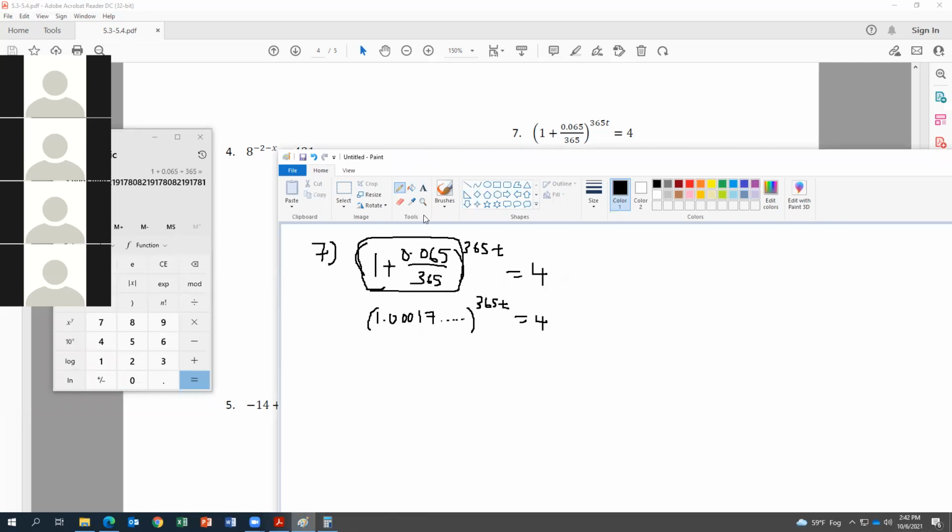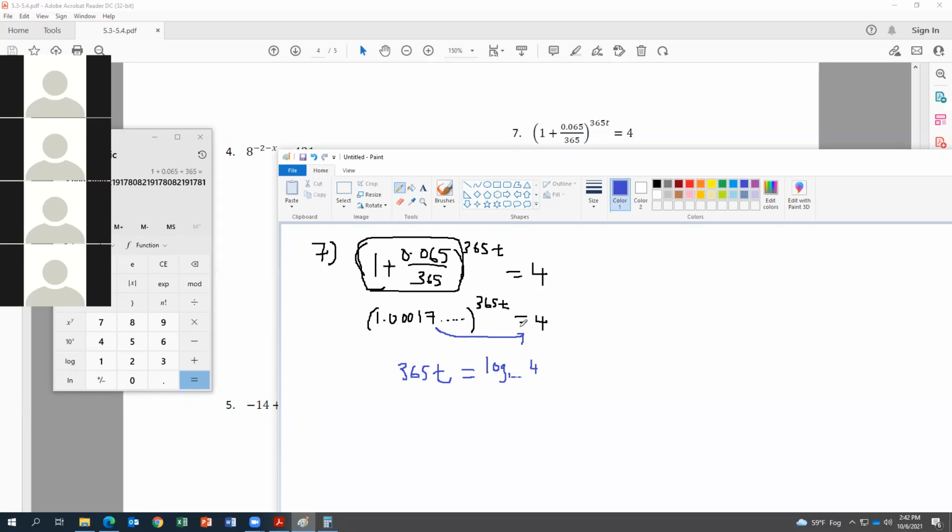So can someone tell me what we can do here once you figure out this? You move this down towards here. So you got 365t is equal to log of 1 point something something 4.